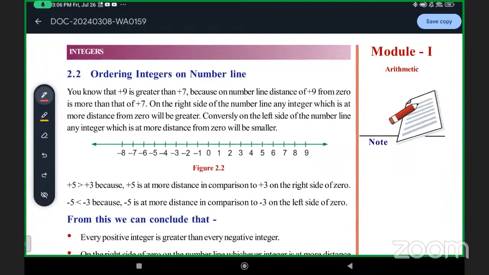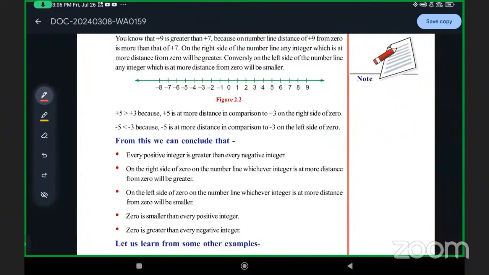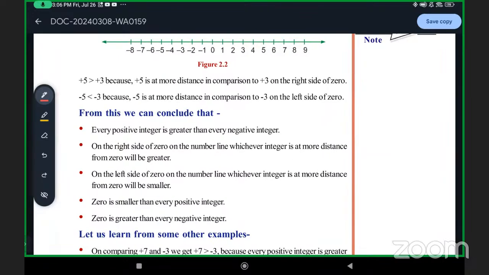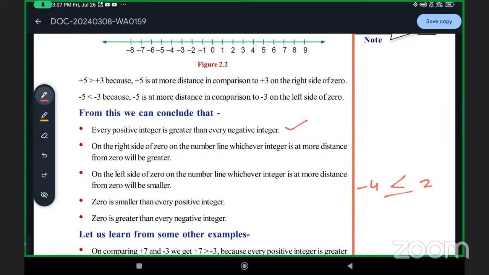From what I just explained, we can conclude that every positive integer is greater than every negative integer. If I write -4 and 2, 2 will be greater, because all positive integers are greater than negative integers.